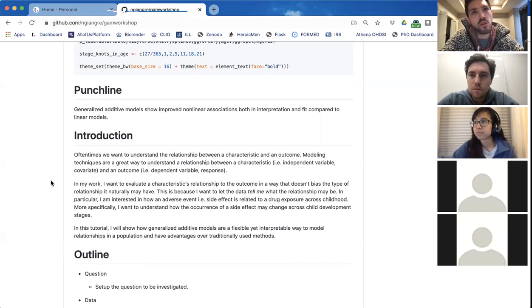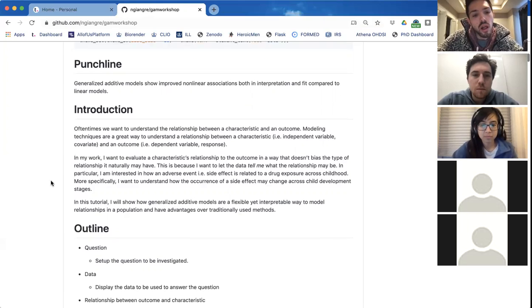Well, they are a linear model, but compared to simple linear models. And I'll go into more detail on what generalized additive models are. But they're an easy way, implementation wise, to incorporate nonlinear associations to a response that you're interested in.